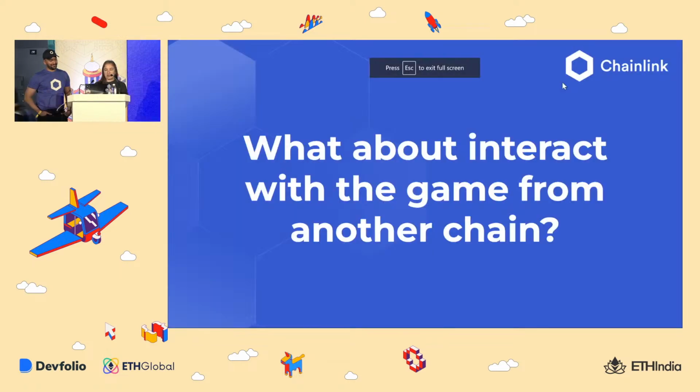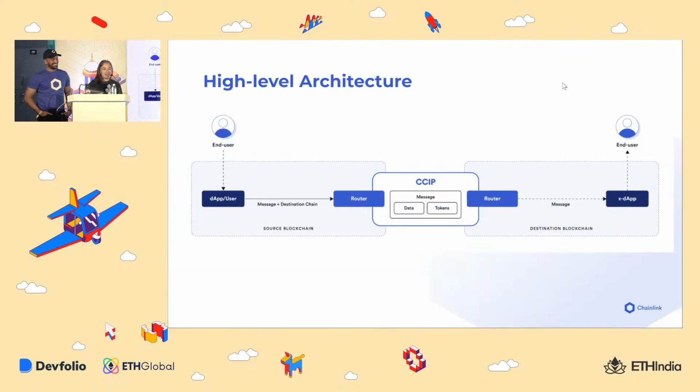Let's see how is my time now. Okay. So let's try to do it this way. We have the source part where I have the dApp, the user over there is my source smart contract. I'm interacting with the router of Chainlink. The router is interacting with the off-chain part where we have the DONs and the validators.